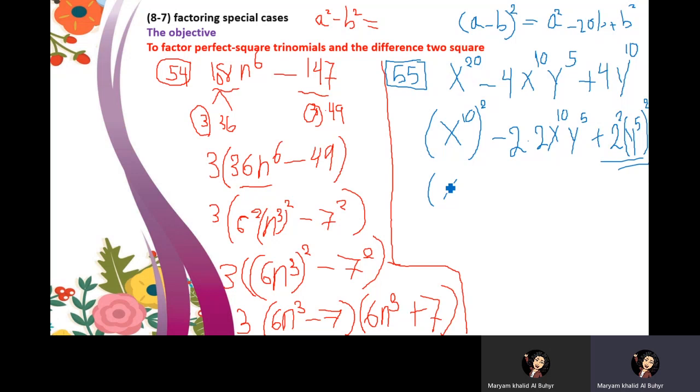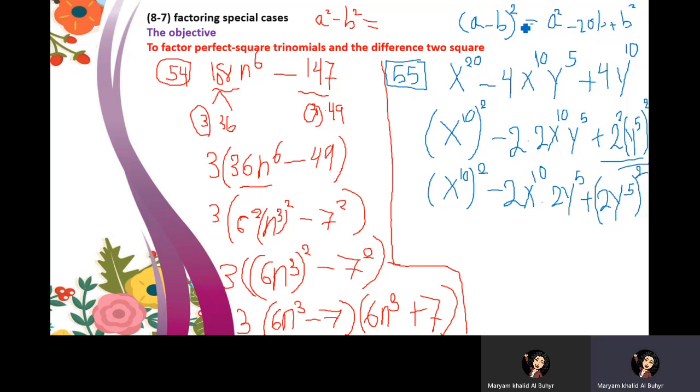So I will have x to the power 10, all this to the power 2, minus 2, x to the power 10. I'll change the order: times 2y to the power 5. Why am I doing that? Because I need it here. So that is a plus 2y to the power 5, all this to the power 2.